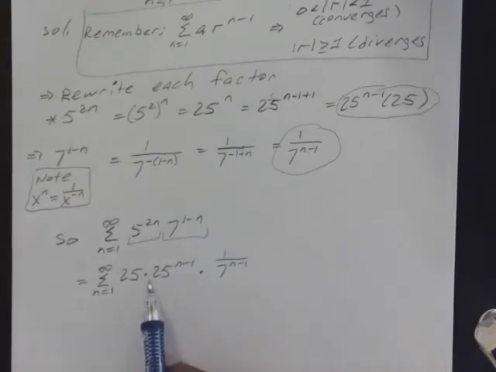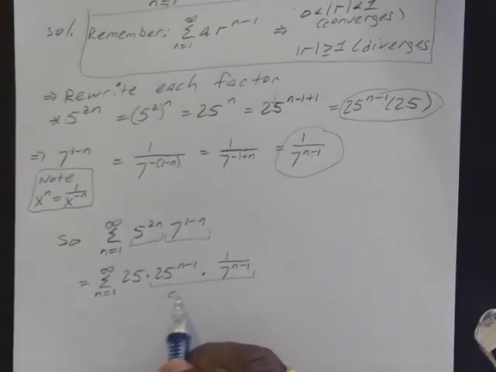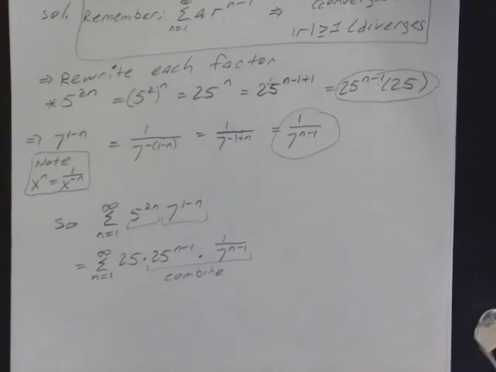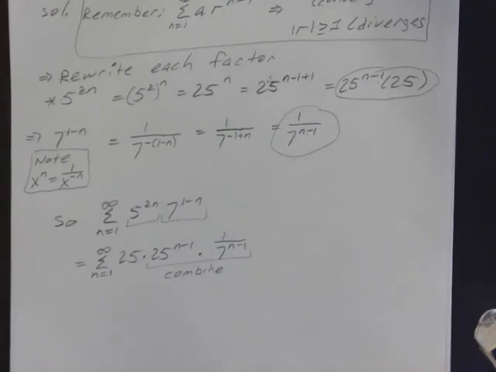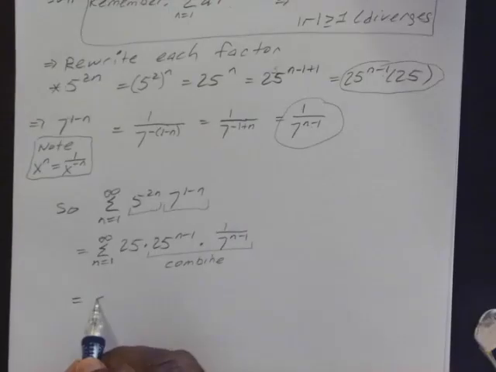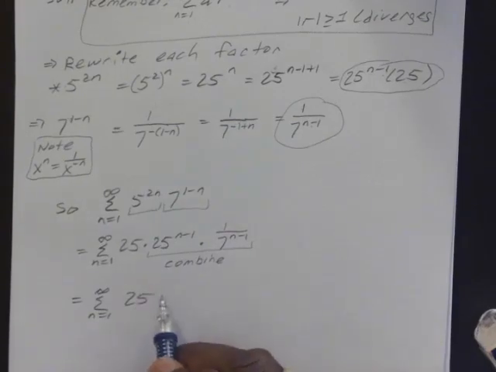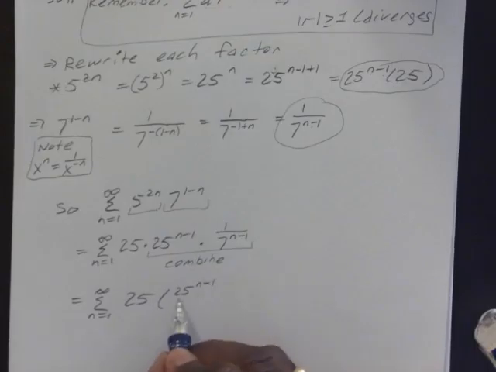Now these two right here, we can just go ahead and combine those, because they're both raised to the n minus 1 power. That's the sum from n equals 1 to infinity of 25 times 25 to the power of n minus 1 over 7 to the power of n minus 1.